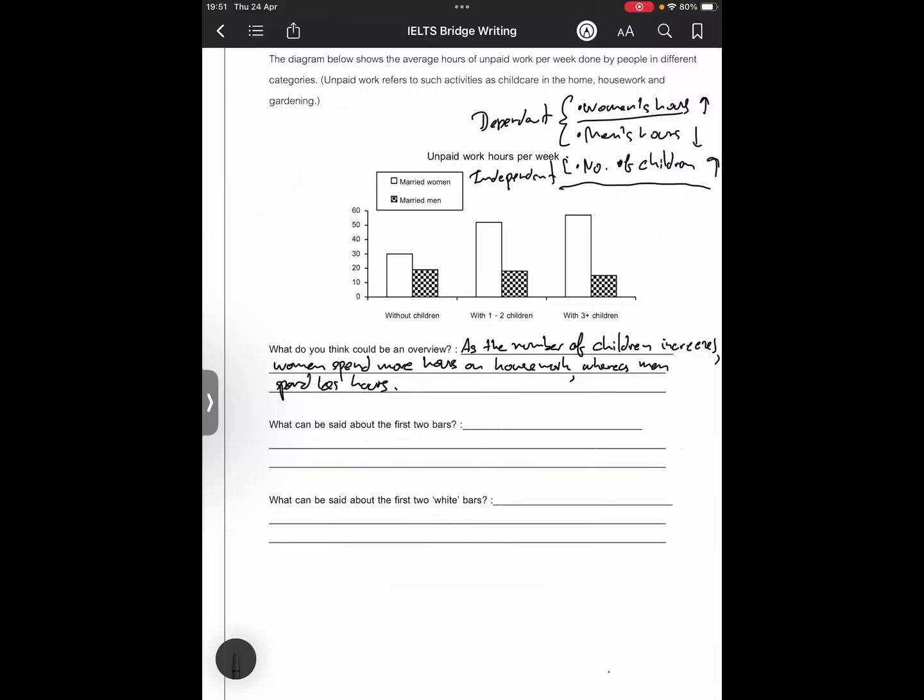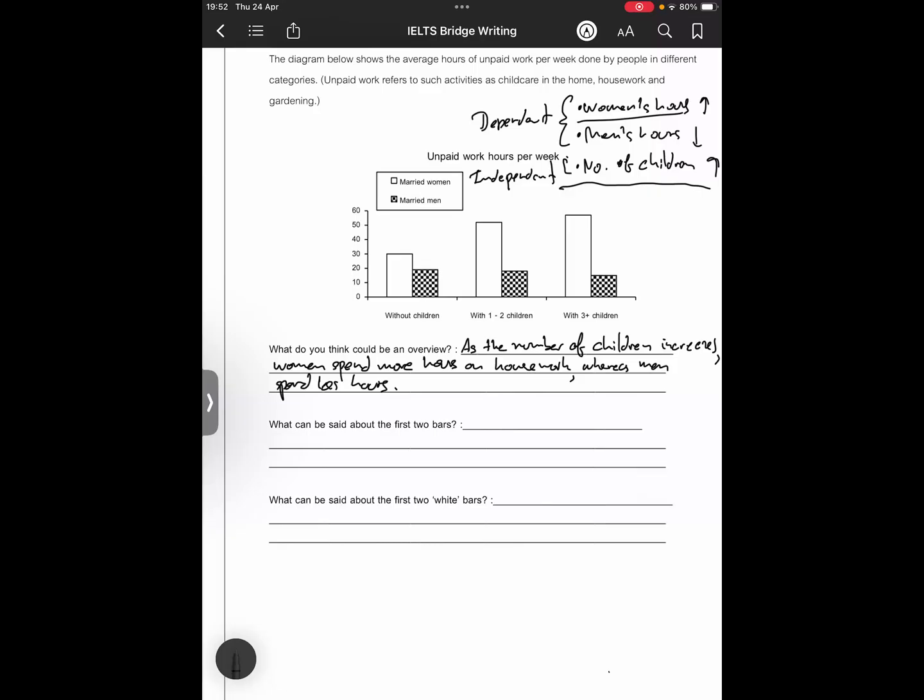What can be said about the first two bars? It is obvious that married women spend more time than married men, right? But the difference is not that significant.